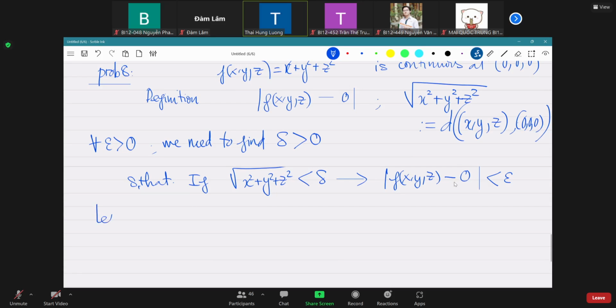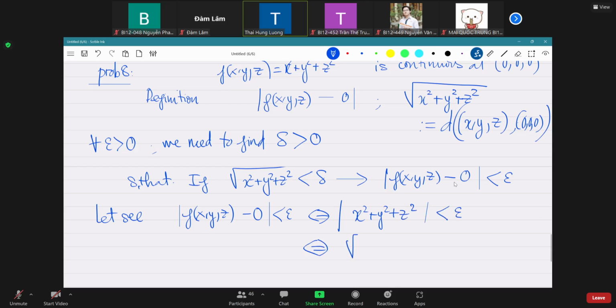So let's see what this one is. It is equivalent to, here we use the formula of the function f, right? So it is equivalent to the square root of it less than square root of epsilon, right?